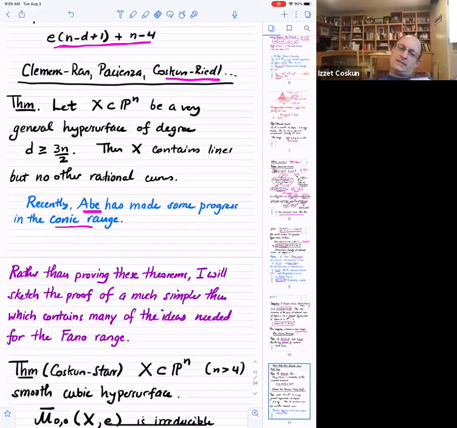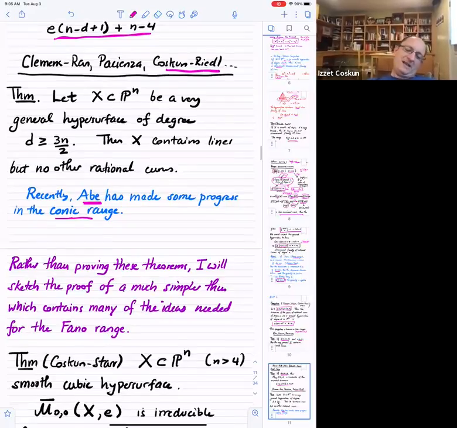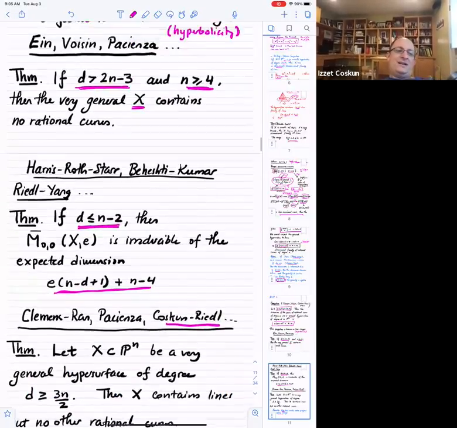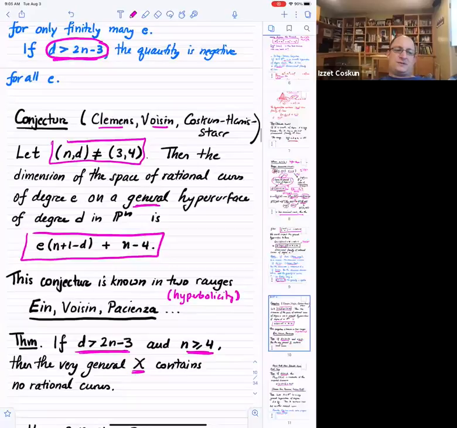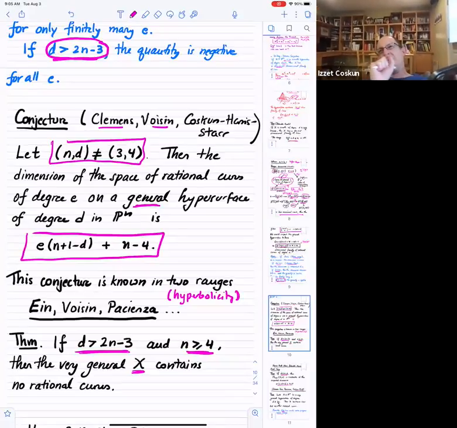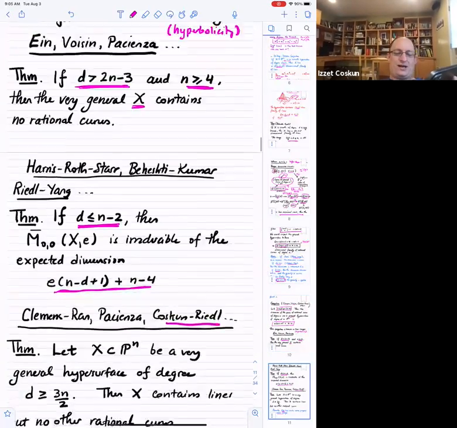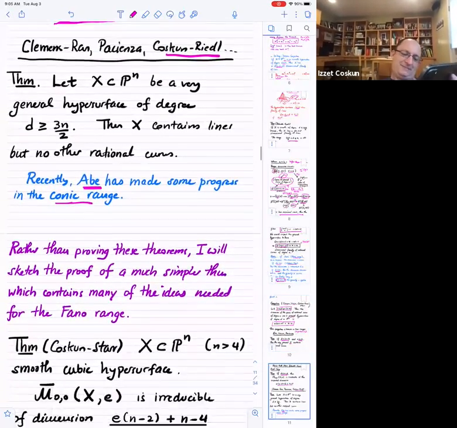And what you want to say is that there are only conics and lines, but no other rational curves. But we don't even know that if you have a hypersurface of degree bigger than n+1, there are only finitely many degrees of rational curves. So that's already an interesting question to answer.